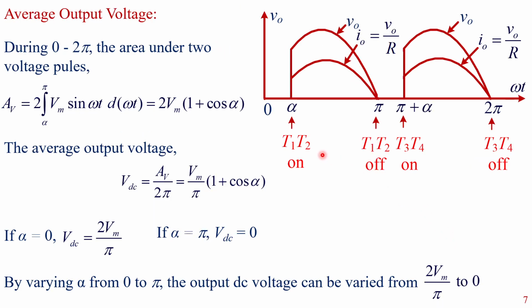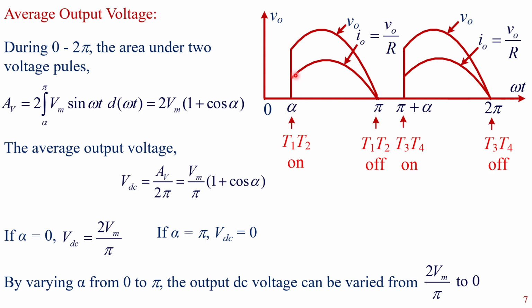In the positive half cycle, when T1 and T2 are turned on at omega t equals alpha, the load voltage suddenly rises from 0 to certain value depending on value of alpha.